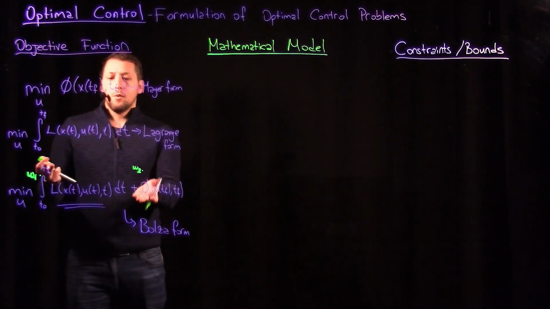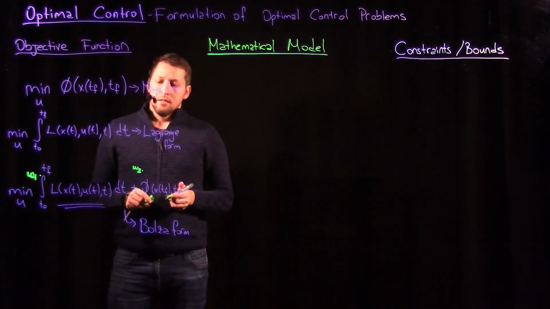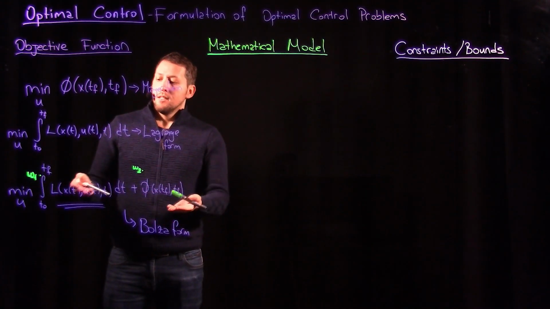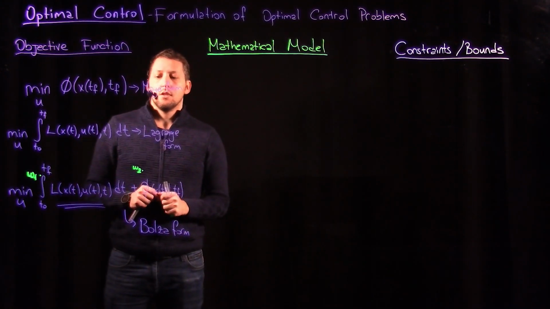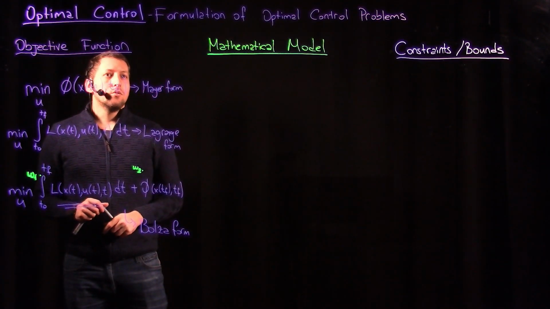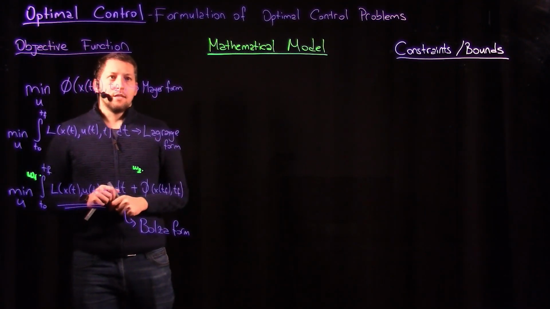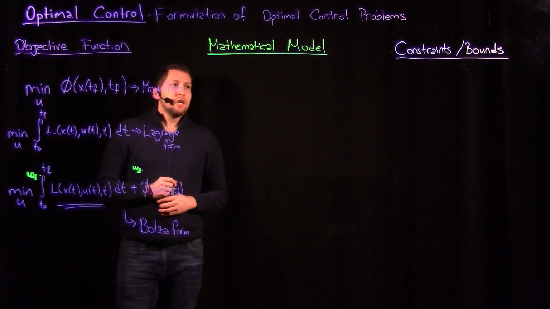By adjusting the values of W1 and W2, you can provide the information that this integral part is more important for me, or this terminal cost is more important for me. The ratio of W1 and W2 creates the difference in this case. Okay, so this is more or less all regarding the objective function.